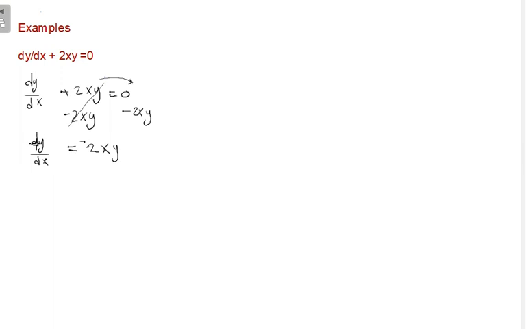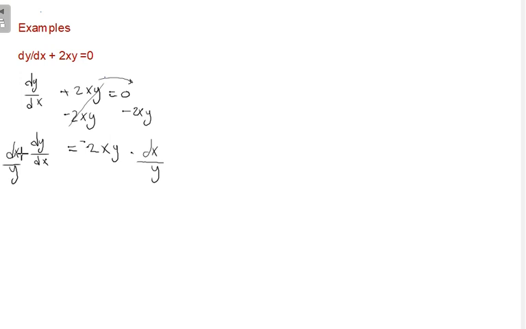Now the left side and right side both still have x and y, so I need to get rid of this dx from this side. Multiply both sides by dx. And in order to get rid of y from this side, divide both sides of the equation by y. Any algebraic operation done on one side of the equation has to be done on the other side in order to keep the equation balanced.